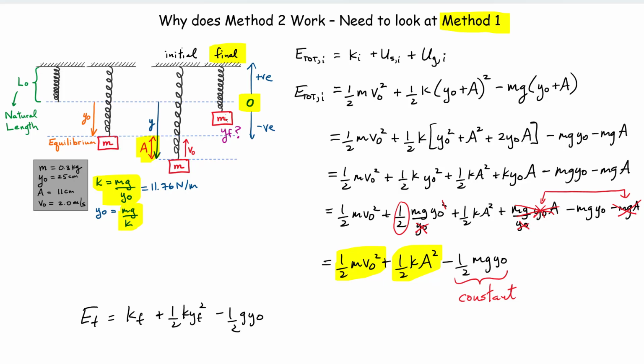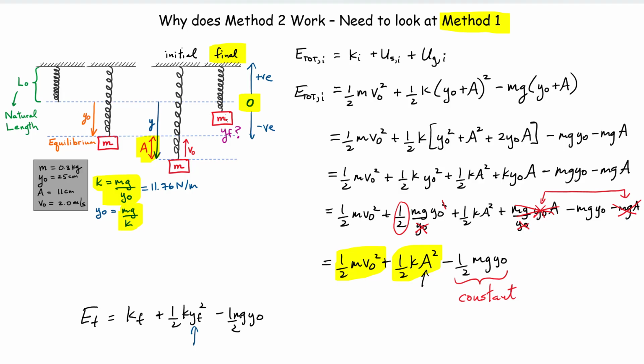At the end, again, this is measured with respect to that equilibrium position. So this here also gets measured with respect to that equilibrium position. And the constant terms are going to be on both sides of the equation. Sorry, there should be a mass over here.